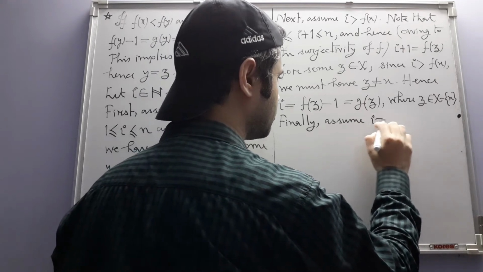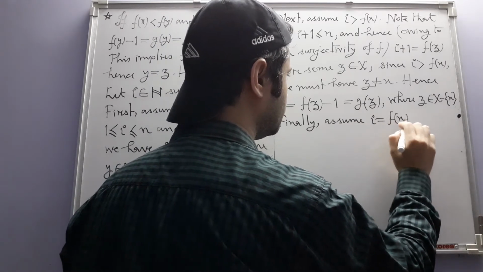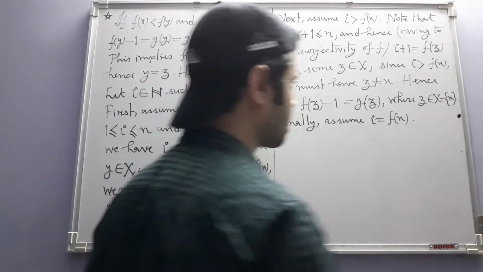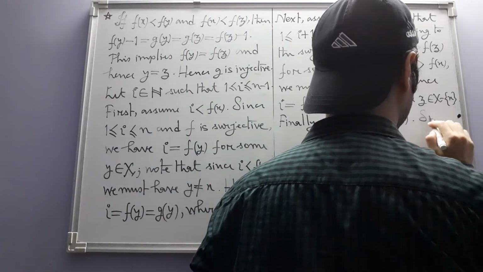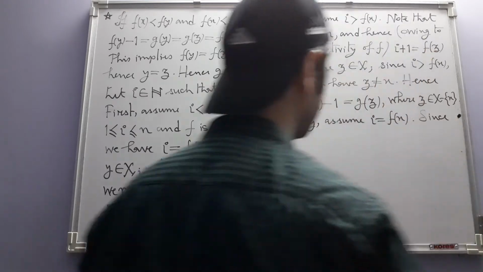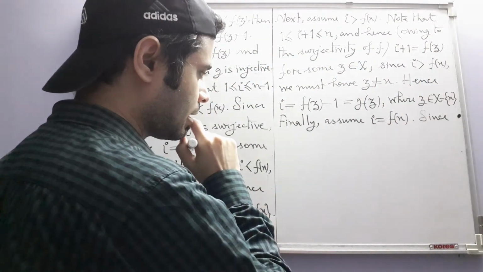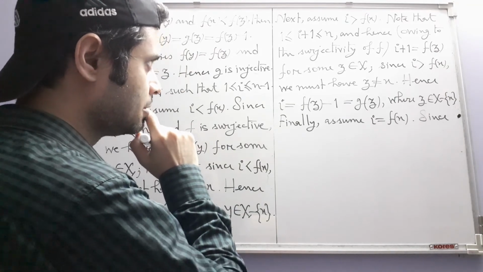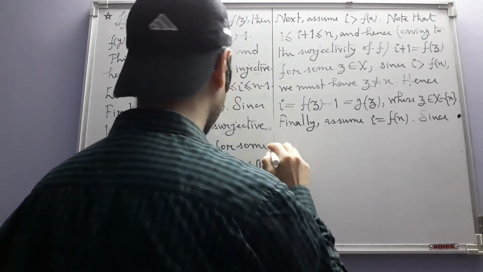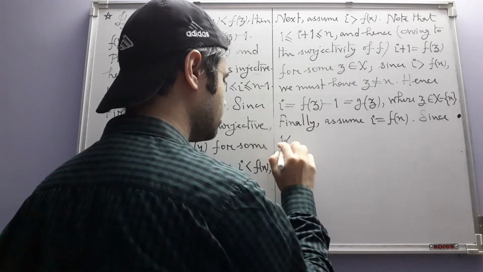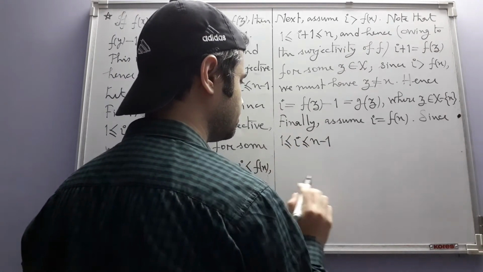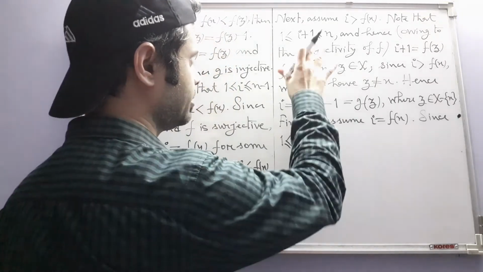And finally, assume I is equal to fx. Okay. Since I is equal to fx, right? Since I lies between 1 and n minus 1, this case is just like this one.